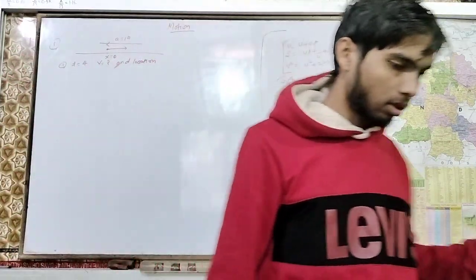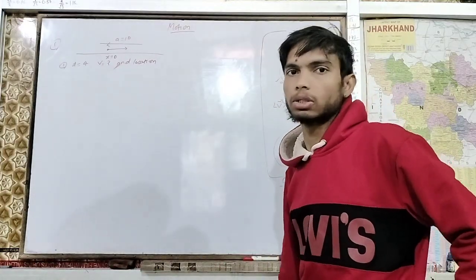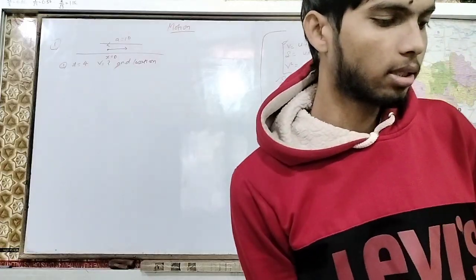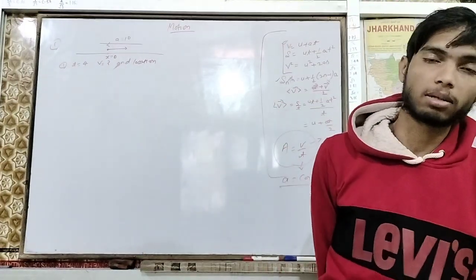The question is, there is a particle which is moving from the origin. Origin is known as coordinate 0, 0. So the particle started moving from the origin.